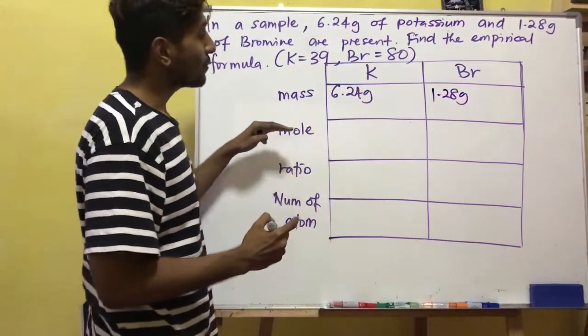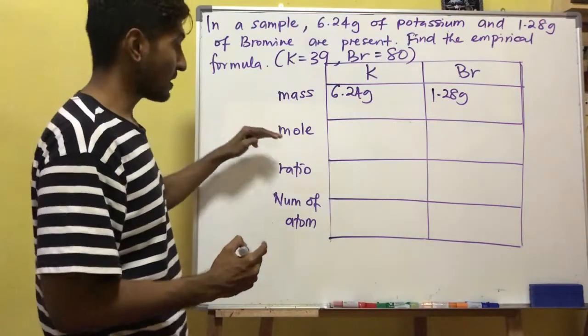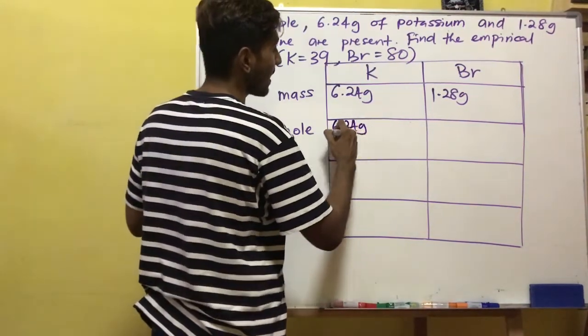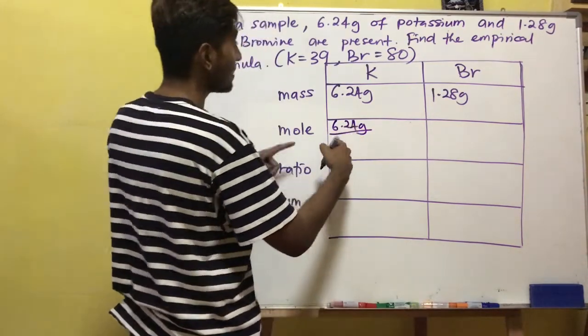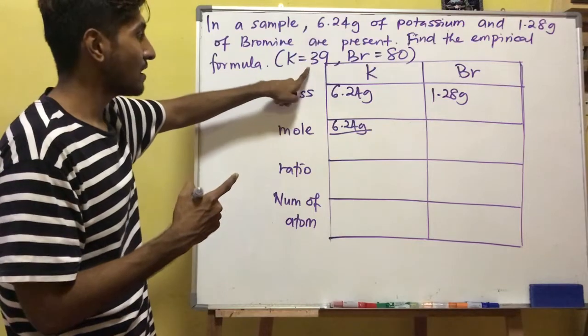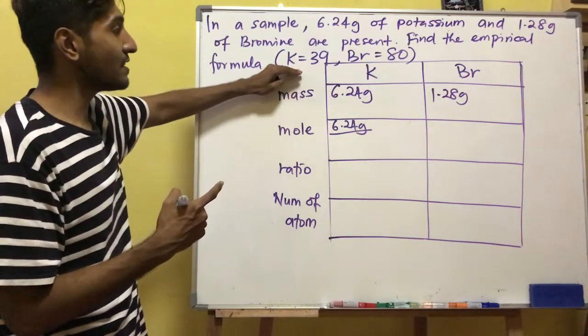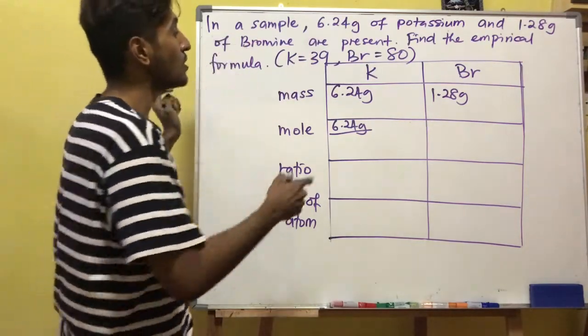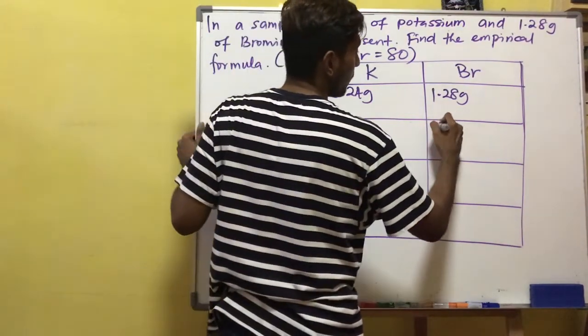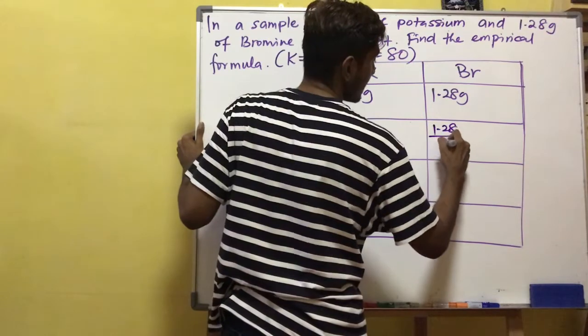Okay, now we need to find the mole. So how do we find the mole? The mole is 6.24 gram divided by the relative atomic mass, which is already given. So you just divide it by 39, and here 1.28 divided by 80.